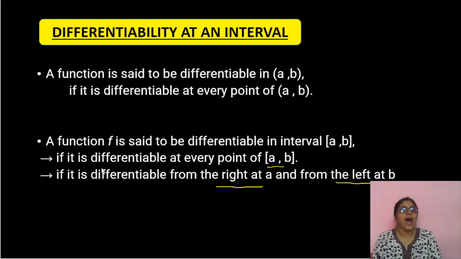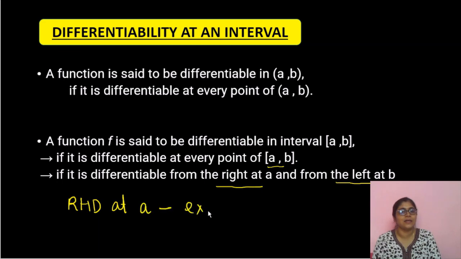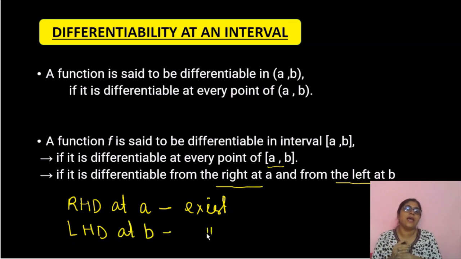So RHD at a should exist and LHD at b should exist, and at each and every point of (a, b) also.